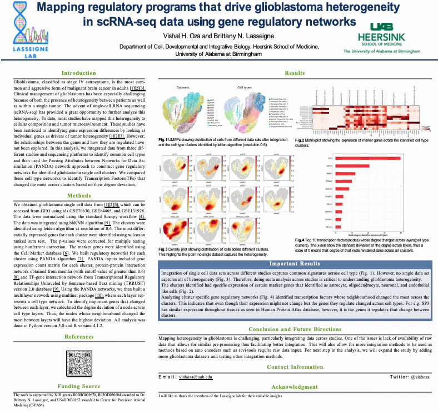We normalized the data using the standard Scanpy workflow, and then we integrated the data with the BBKNN algorithm. Then the clusters were identified using the Leiden algorithm. And then we identified the genes that are differentially expressed in each of these clusters using Wilcoxon's rank sum test.